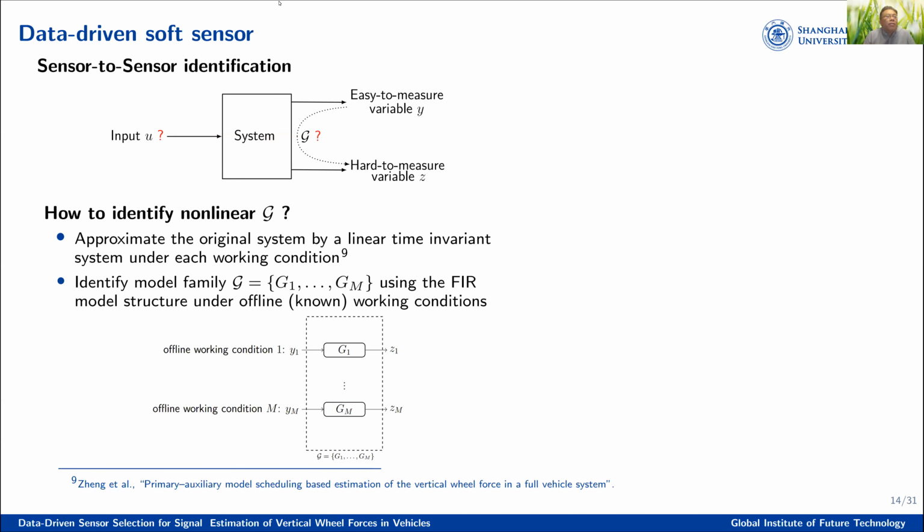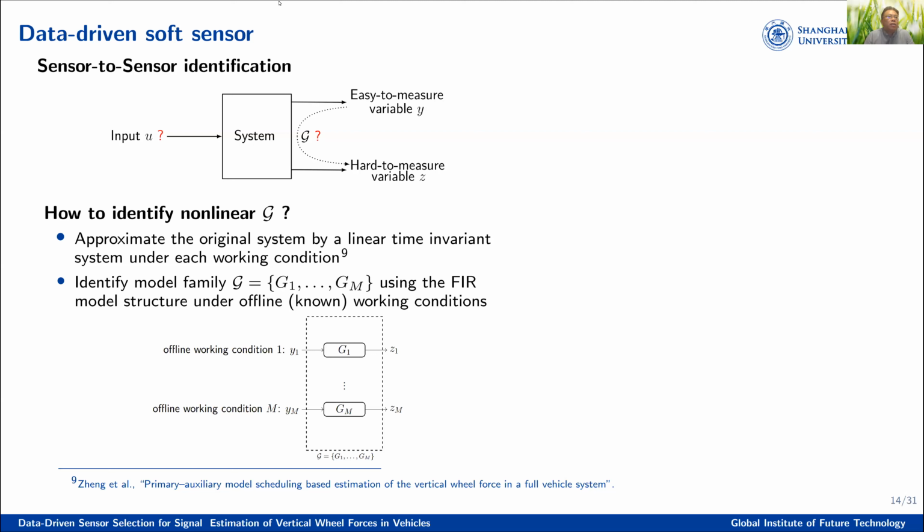How do we identify the nonlinear relation G, because this is a vehicle? It's not a linear system. So we have to figure out how to identify the nonlinear relationship through a set of linear models.